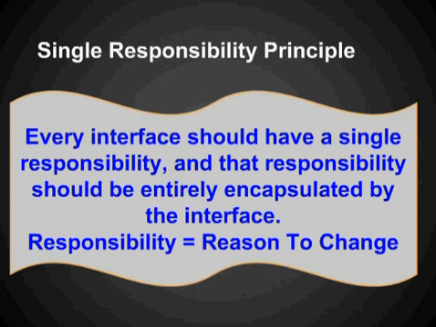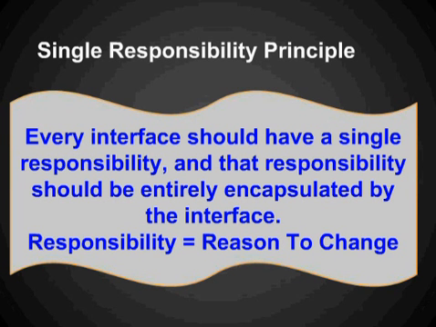So that brings us to our first principle of the day, the single responsibility principle, which is something that you should be following. This helps keep our applications and our objects loosely coupled.